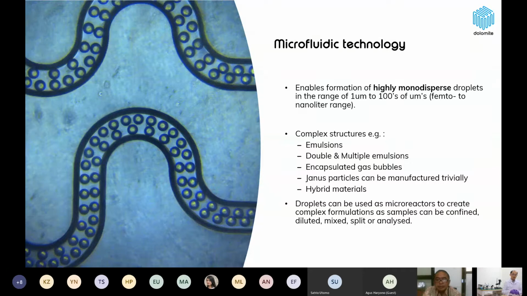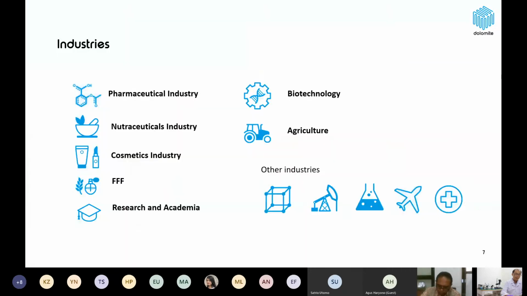With microfluidic technologies, droplets can be used as a microreactor to create complex formulations, such that the sample can be confined or diluted, mixed, split, or analyzed.